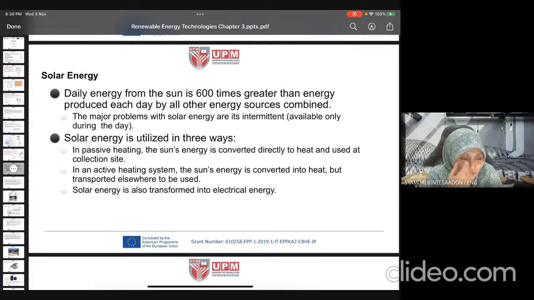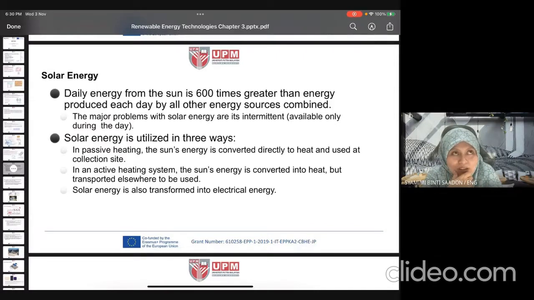The major problem with solar energy, not just for us, is that it's intermittent, which means that it's only available during the daylight, of course, siang kan.